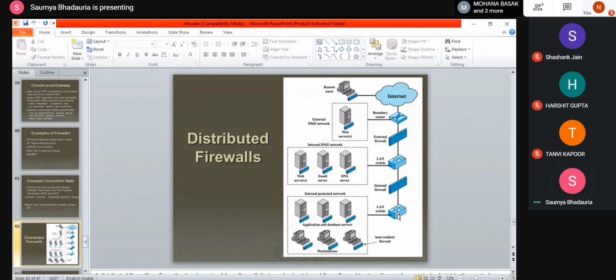Whatever traffic is flowing here was first filtered by the external firewall. Once this was filtered, it was directed to the internal firewall. That is, this is providing two-way protection.